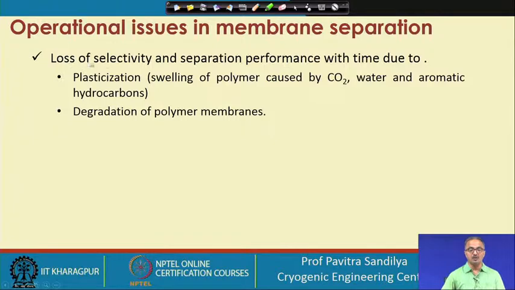In this case, we find loss of selectivity and separation performance may occur over a long period of time. Why? Because of basically two reasons. One is plasticization, that means the membrane polymer swells, and this swelling of the membrane is caused by the carbon dioxide, water and other aromatic hydrocarbons which are present in the natural gas, or the degradation of the polymer membranes. So this leads to the loss of the selectivity and the performance of the membrane.